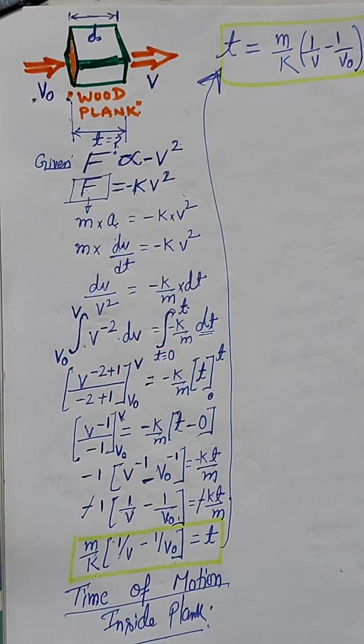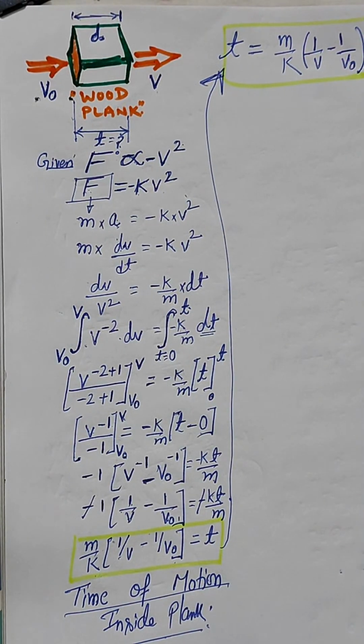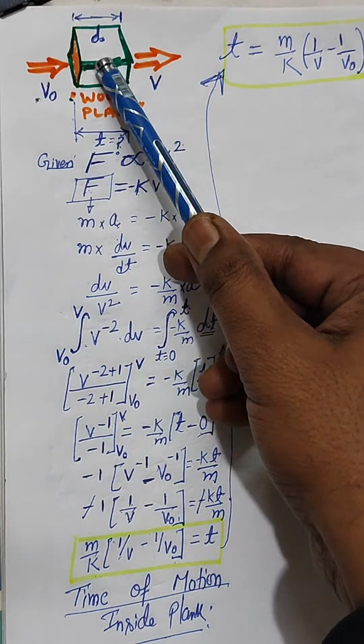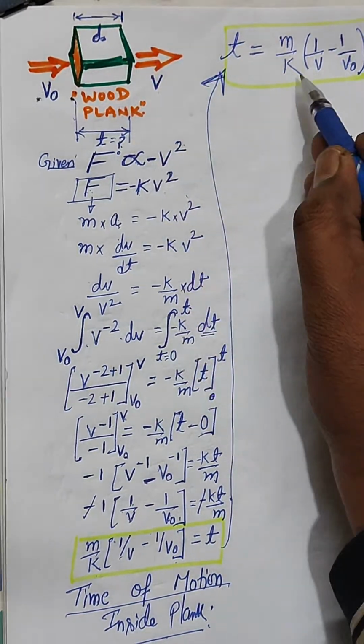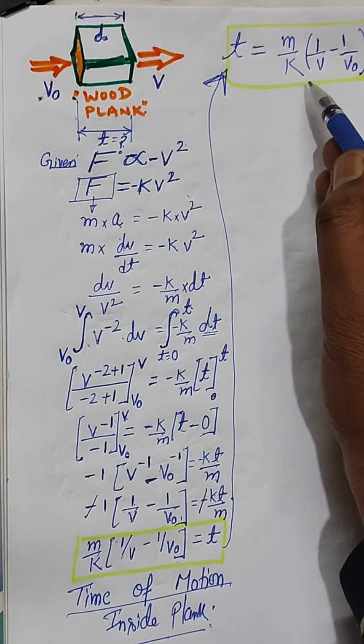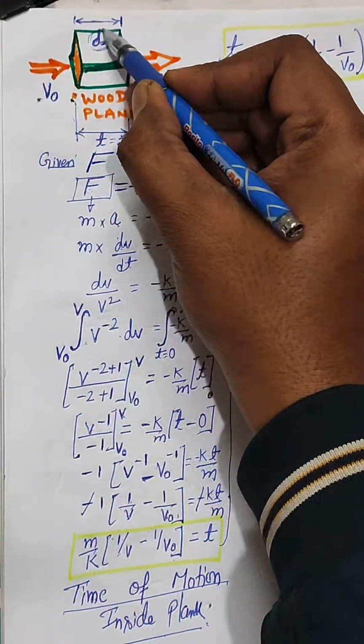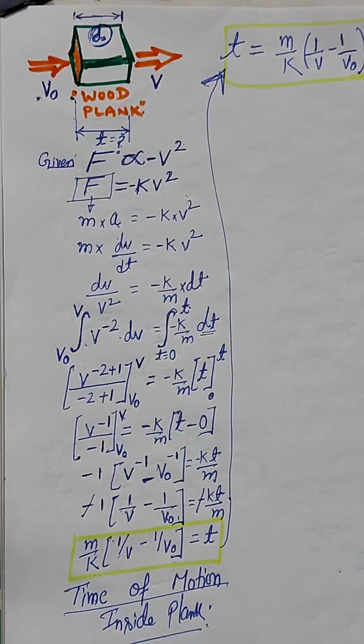So from here, we can see in the question it has been given that assume the resistance offered by the plank is proportional to the square of the velocity, and having penetrated a plank of thickness d. So my dear friend, here d is not coming, this d is not considered. So let us do one thing.